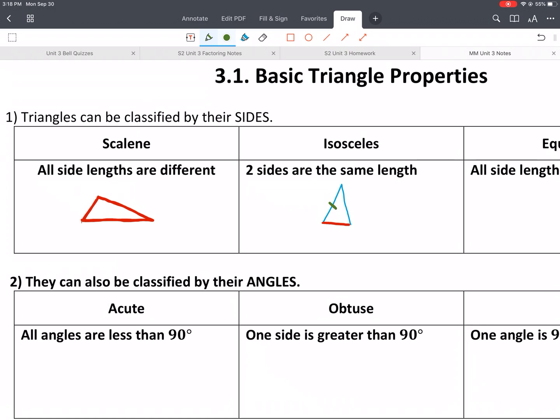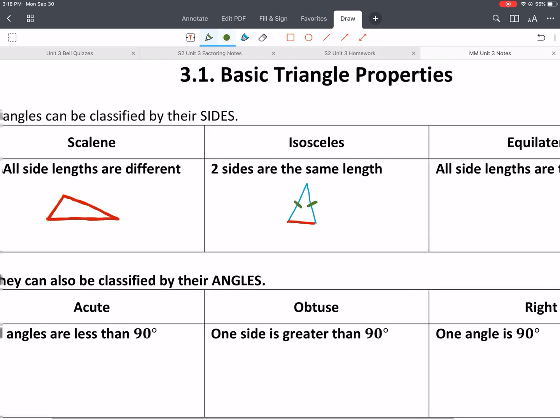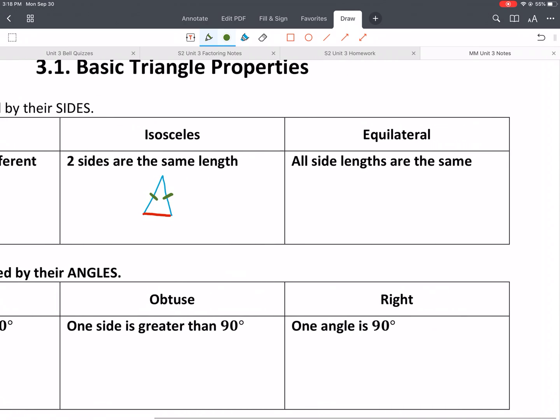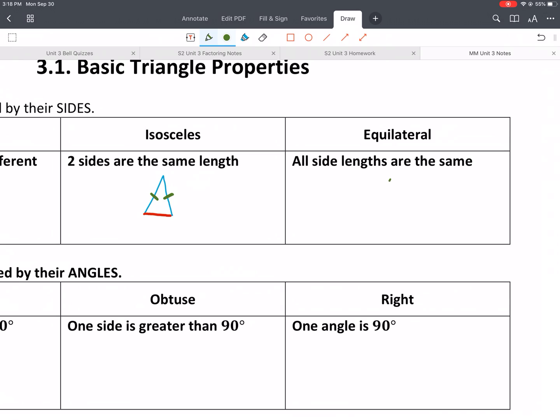To mark that they are the same, we will use these little hatches to say that they're congruent. Equilateral: all three sides are congruent, and we would put those little ticks on those to say that each of those sides are the same length.